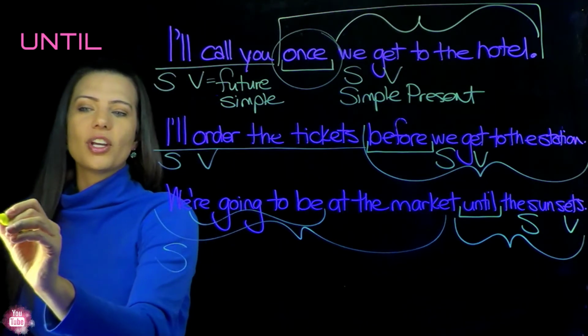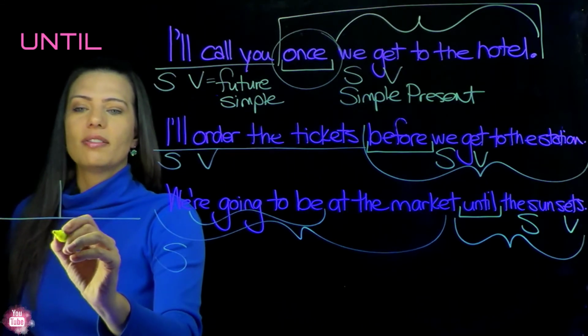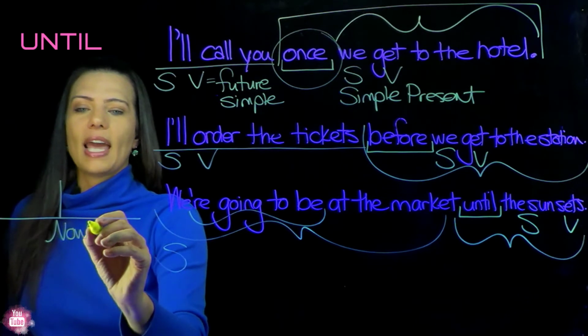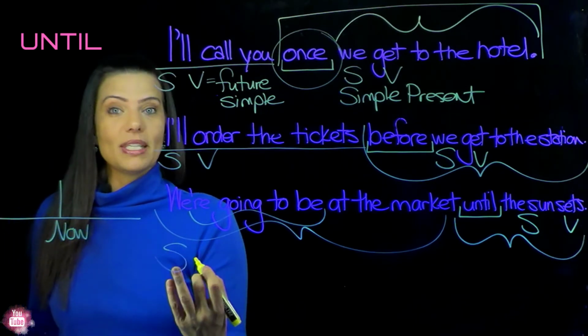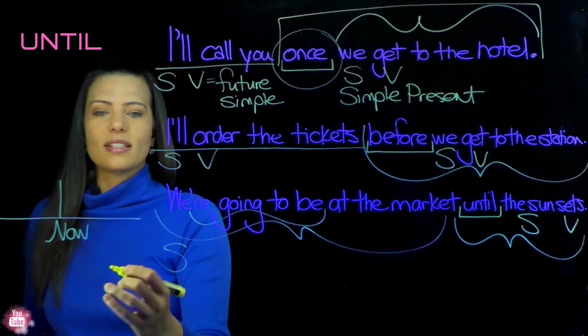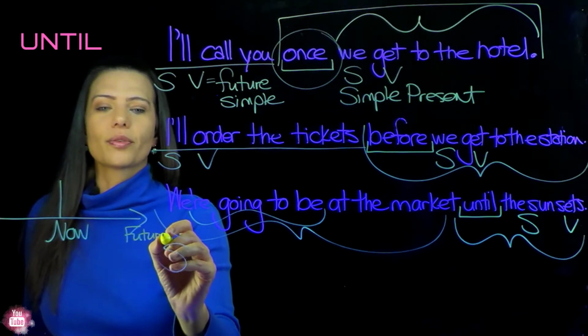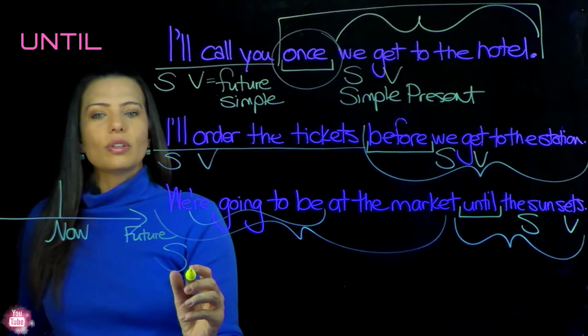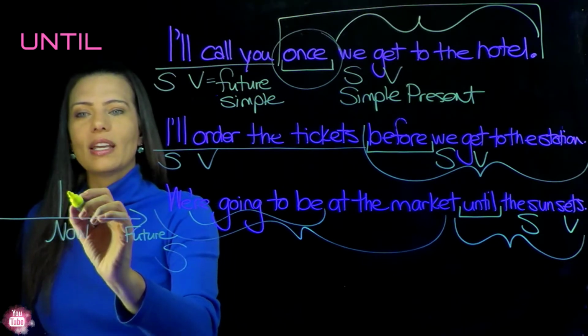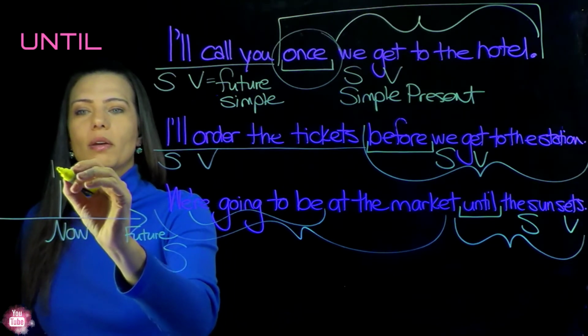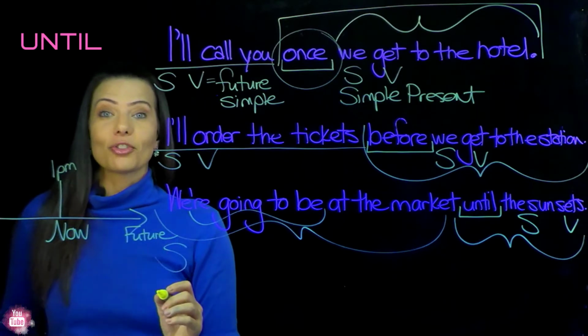So imagine on a timeline that this is now, and now is the time of speaking. So we're saying the sentence now, but we're talking about the future. Okay? So let's say now is maybe 1 p.m. in the afternoon.